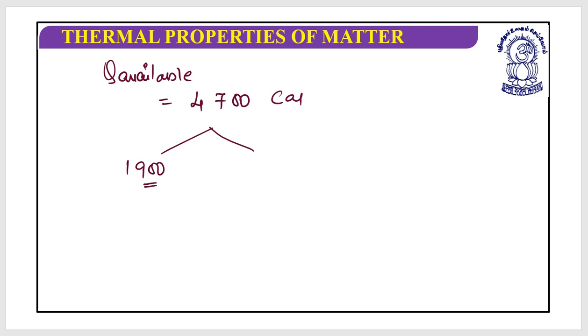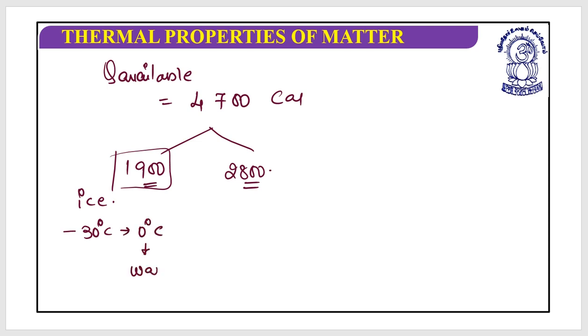It's 2800. This much energy has remained, so this is going to be used to convert ice from minus 30 degrees Celsius to 0 degrees Celsius, but now it is water. And what amount of energy have I been left with? I have been left with the 2800.